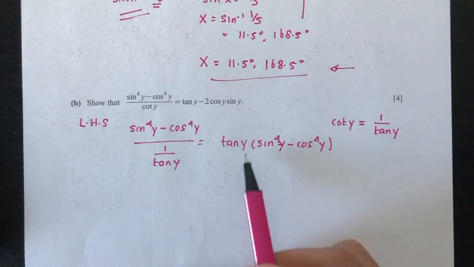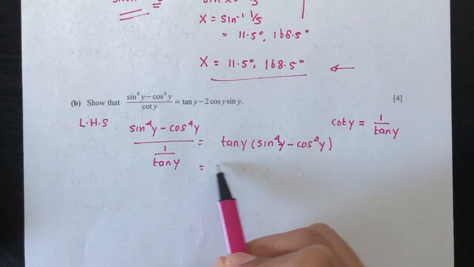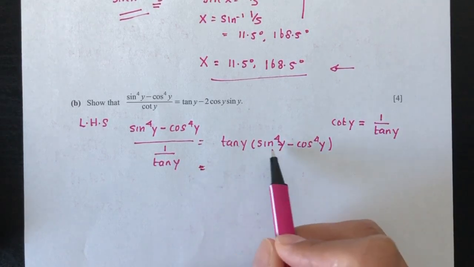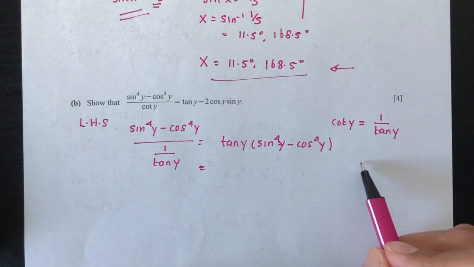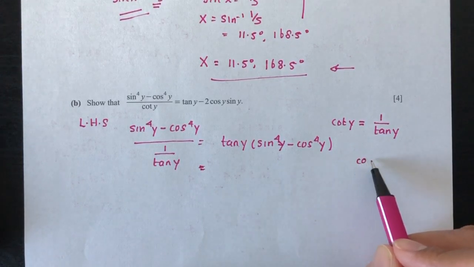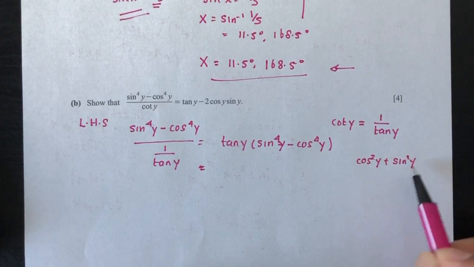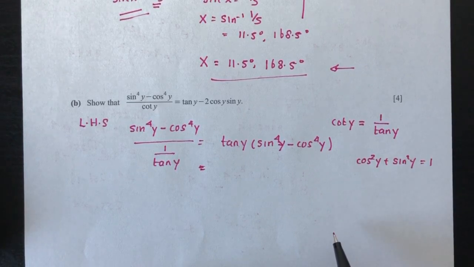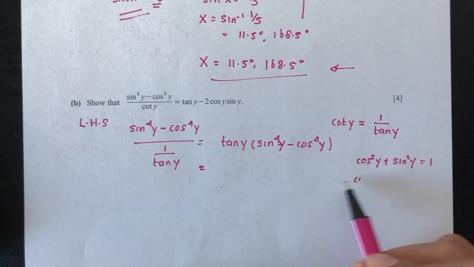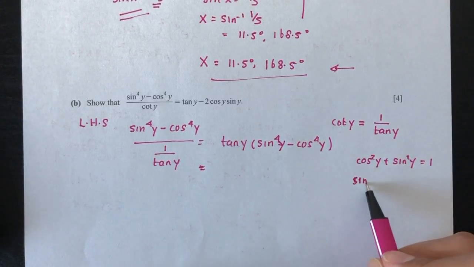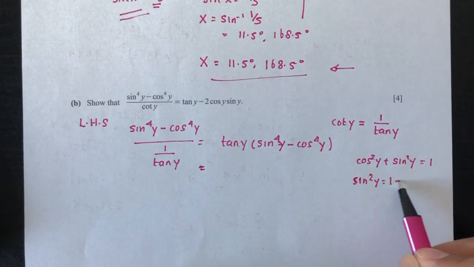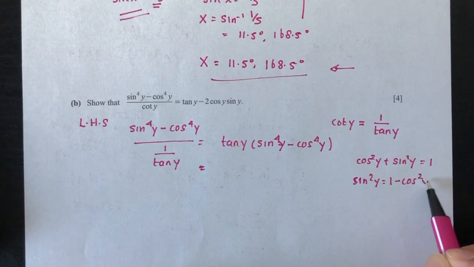So how can we solve this? Let's see what we can do here. As you know, cos square y plus sin square y equal to 1. Now what we can do is try to replace sine. So sine square y is equal to 1 minus cos square y.